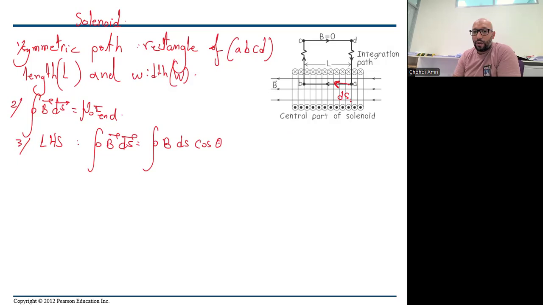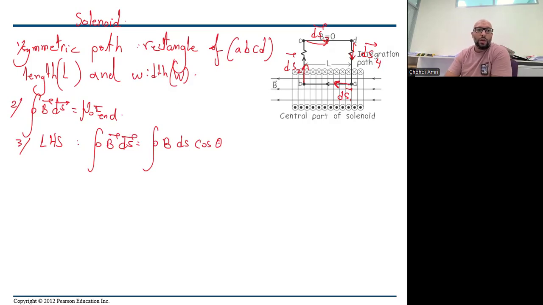This is ds1 for side number 1, ds2 for side number 2, ds3 for side number 3, ds4 for side number 4. What is the direction of the magnetic field? The direction of the magnetic field is to the left. How? Curl your fingers in the direction of the current, and your thumb points toward the magnetic field.